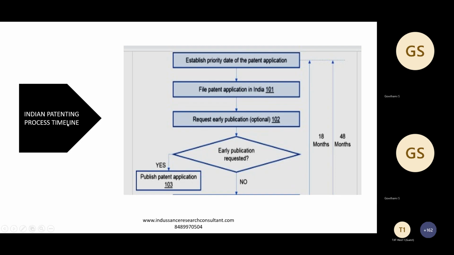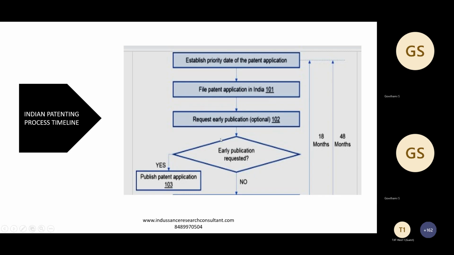Okay. So let me come to this Indian patenting process timeline. First, establish the priority date of the patent application. So you file, you get the patent application, if it is a provisional. Then you file a patent application in India and request early publication. It is optional. If you want early publication, you will request it and it will be done within 1 month.